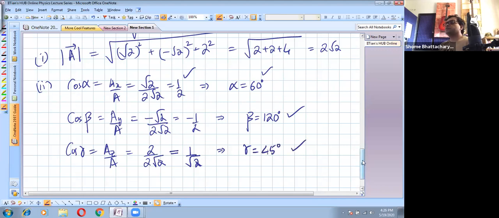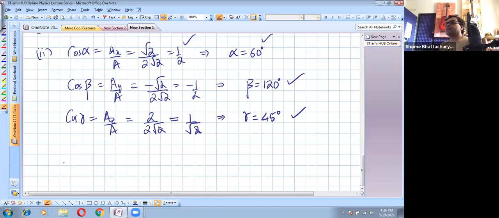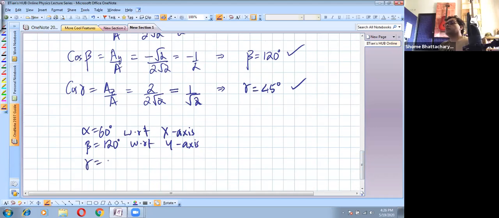So that means when we visualize this vector, it is such a vector that is making an angle of 60 degrees with respect to the positive x-axis, 120 degrees with respect to the positive y-axis, and 45 degrees with respect to the positive z-axis.